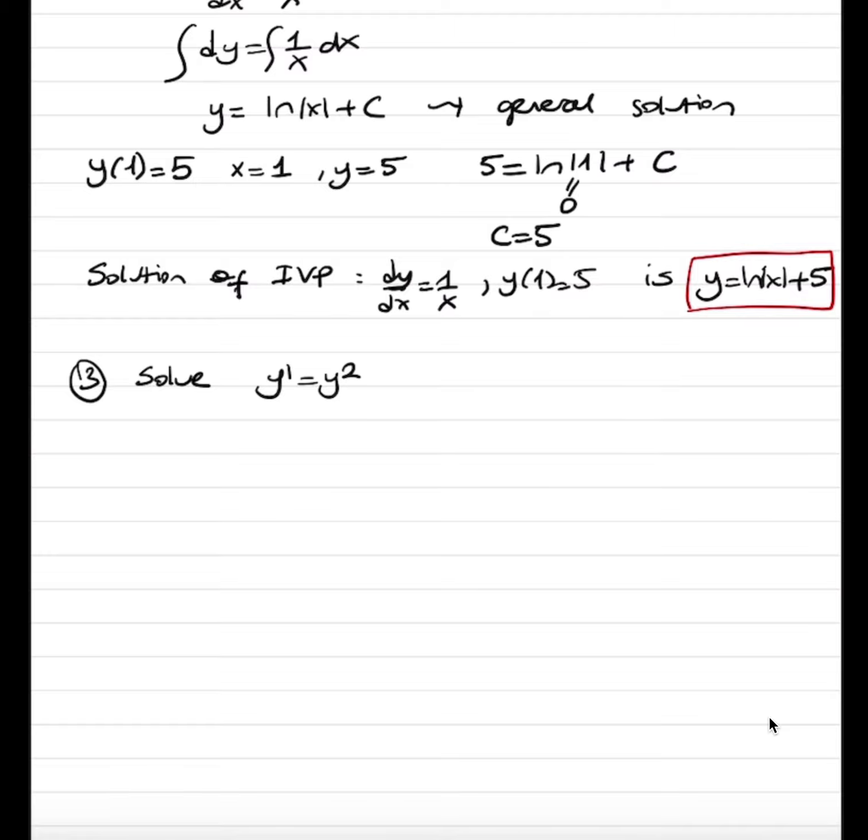Once we write y prime, this means that dy over dx is equal to y squared. If we separate the terms, y terms and x terms, we will get dy over y squared is equal to dx, and then we will integrate.